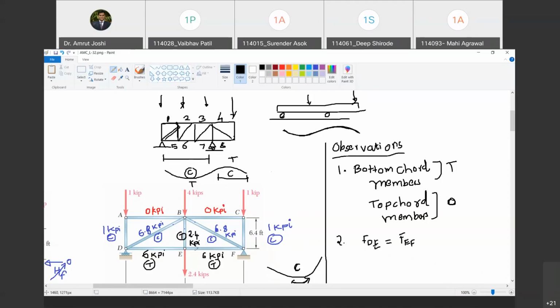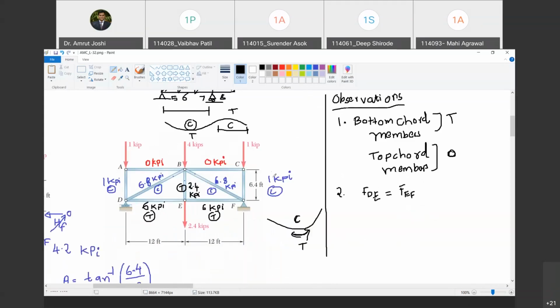Similarly, just tell me, force in member AB and force in member BC, they are also same, but in addition to that, they are zero as well. Do you agree with me? Yes, sir. So therefore, in any given truss, there is a possibility that there are certain members which will have same forces, and there will be certain members which will have zero forces. Do you agree with me?